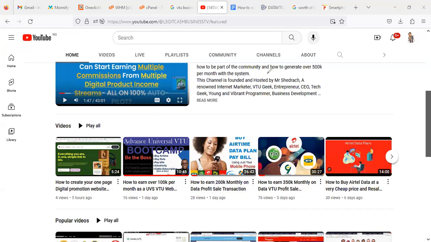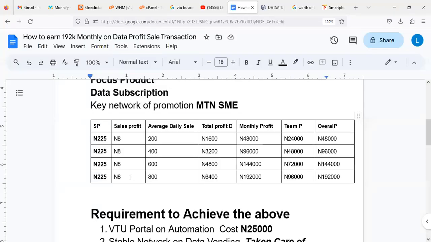So I want you to go through the previous series to be able to understand the whole series, and pay attention closely. Now, from this place, you'll be able to see that we are looking at 225 as the sale price, right? Selling to our customer and their end customer in your VTU website. So we are now stepping the profit down towards 8 naira for each transaction that is happening on your VTU website.